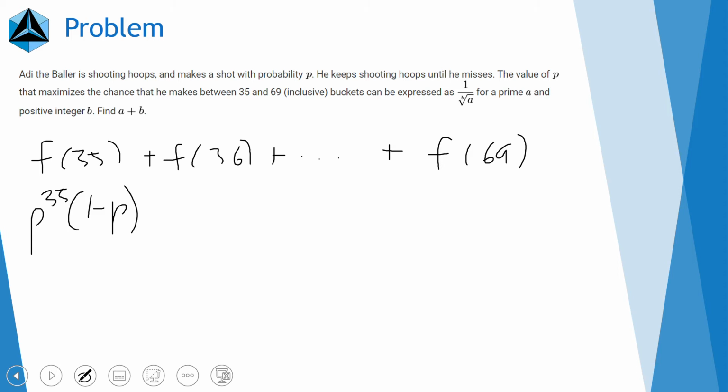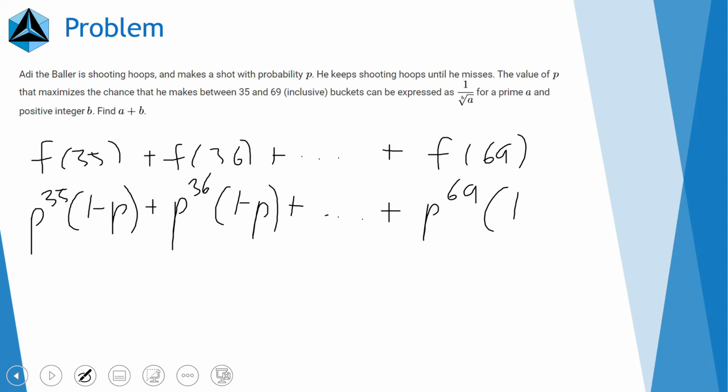Then we continue to evaluate the next term. The next term, f of 36, is almost the same thing, except it has an extra factor of p: p to the 36 times 1 minus p. And this continues, and f of 69 becomes p to the 69 times 1 minus p. We see that when we go from one term to another, they just get multiplied by a factor of p.